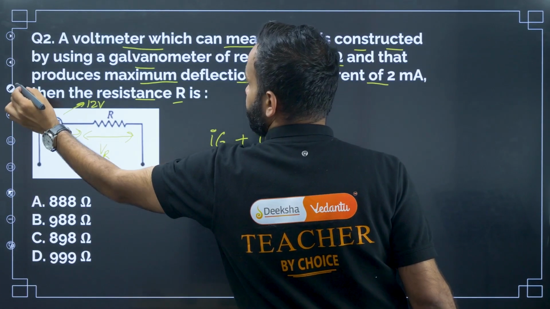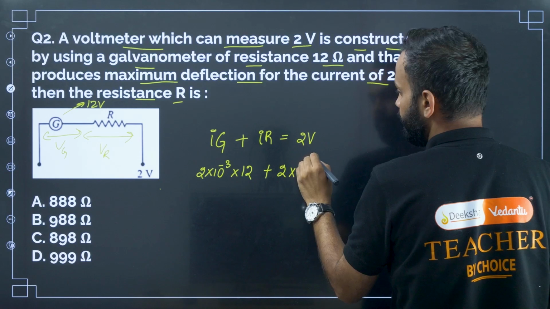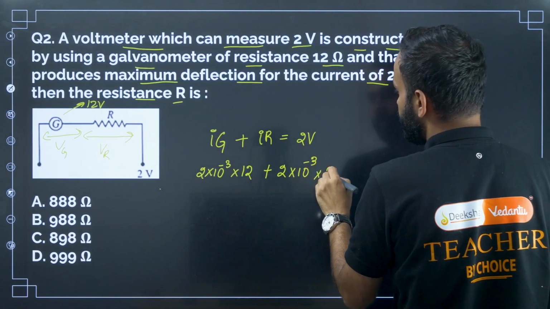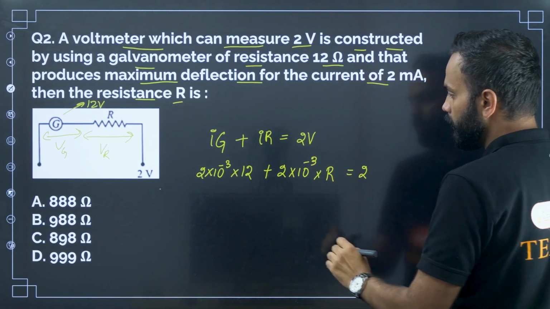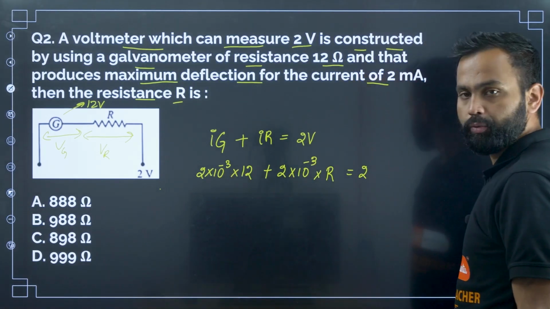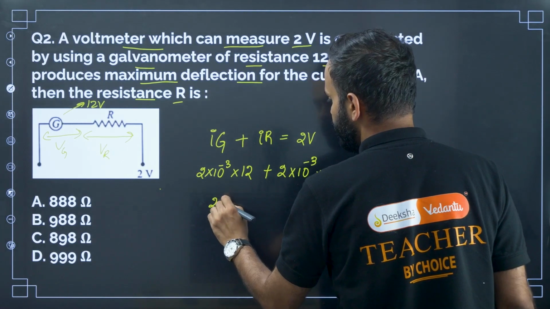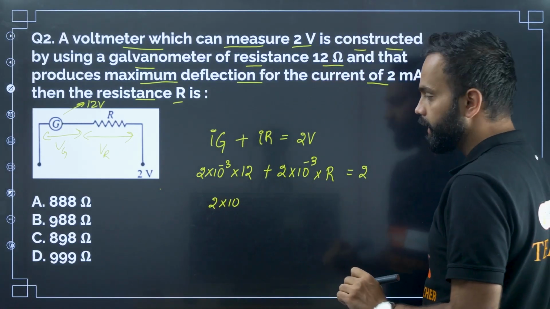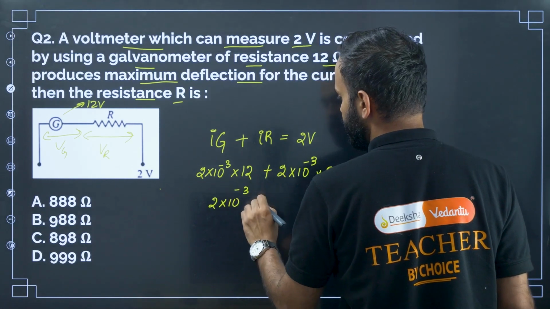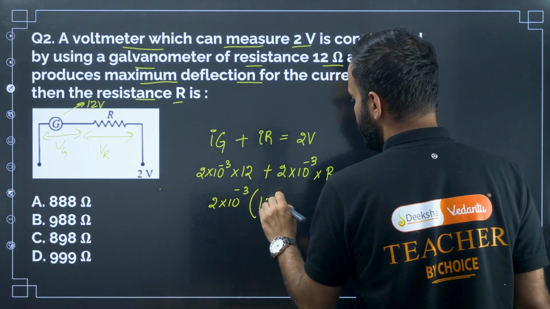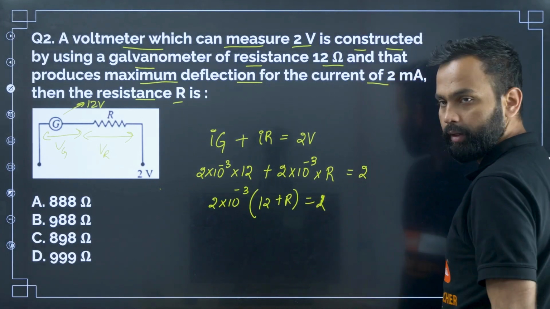Milliampere into R. We need to find the value of R, which is equal to 2 volt. Take 2 into 10 to the power minus 3 as common: 2 into 10 to the power minus 3 into (12 plus R) equals 2.